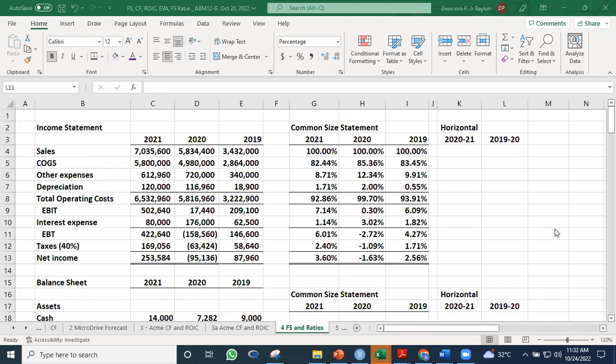Per sales. Mas maganda pa nga yung 2019 eh. Kasi yung cost natin 83 pesos lang and 45 centavos, no? As compared to 85 nung 2021. Okay?